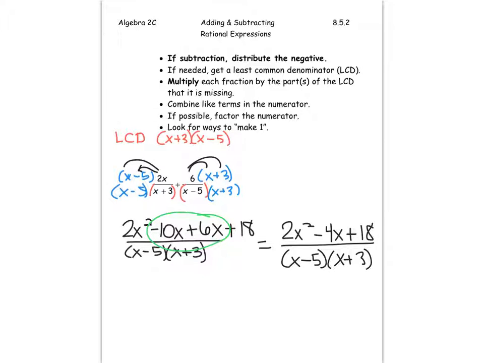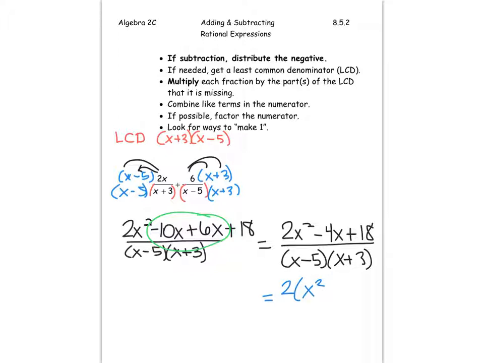Okay, so we've done everything except for seeing if the fraction simplifies. You know, if you come up with a 3/6, you would simplify that to 1/2. So is there some simplifying that can be done here? Well, to find out, we need to look and see if the numerator can factor. We left the denominator factored, so we're good there. Looks to me like a 2 can divide out of the top. There's a greatest common factor of 2.